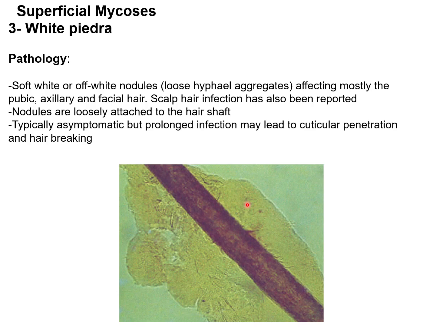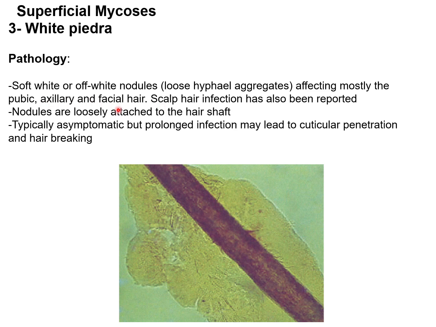So these are actually just loose hyphal aggregates. These nodules are loose, so you can actually detach them from the hair shaft. It's mostly seen on pubic, axillary, and facial hair, but you might see it on scalp hair as well, but it's more common on pubic, axillary, and facial hair.